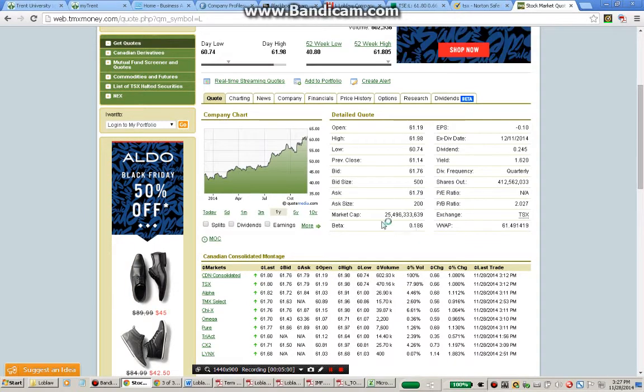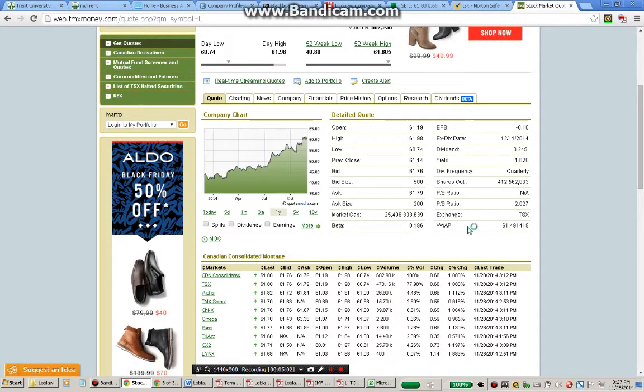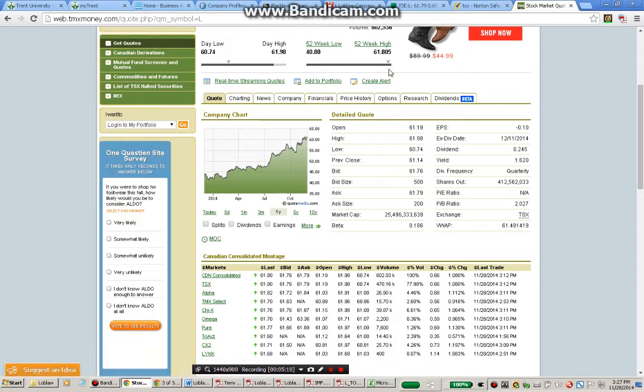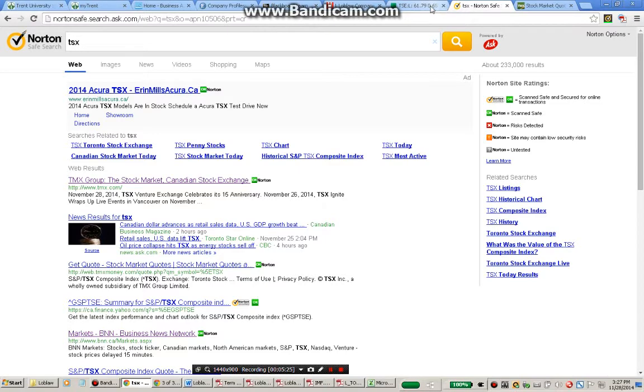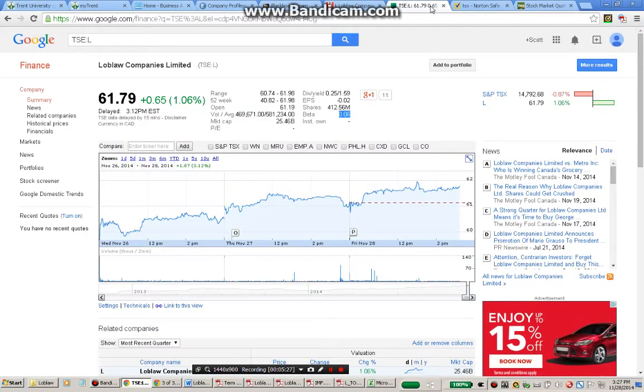Okay, and these guys have a beta of 0.186, so these are all over the place. It depends really what you're tracking the performance of this stock against. And yeah, they're so far off, it really makes a difference. We've got 0.186. We've got 0.006.